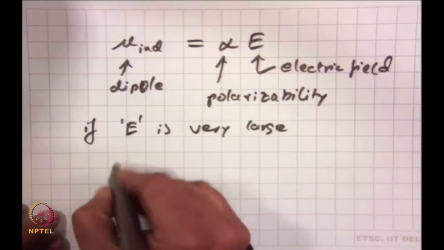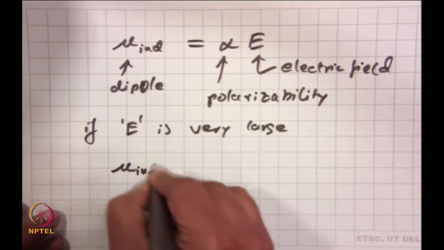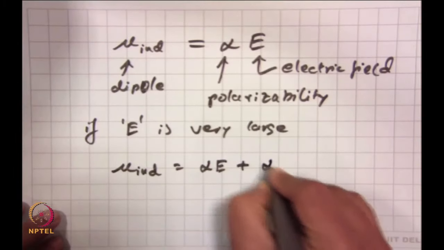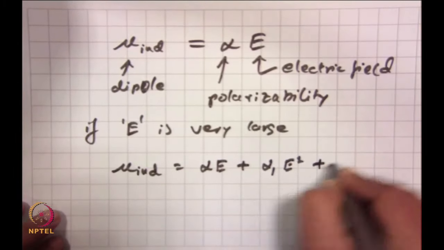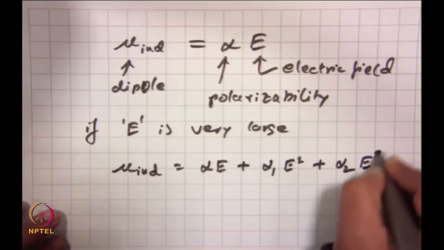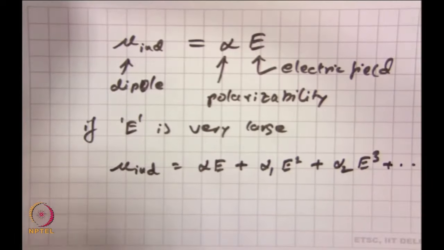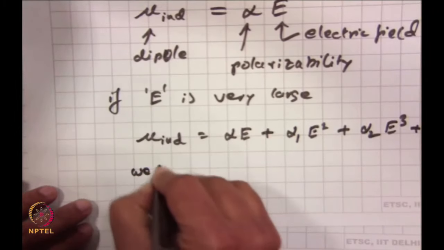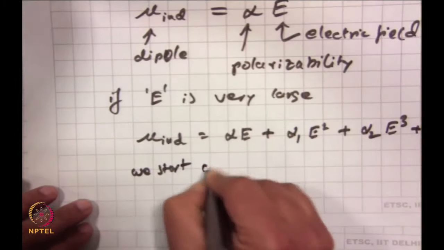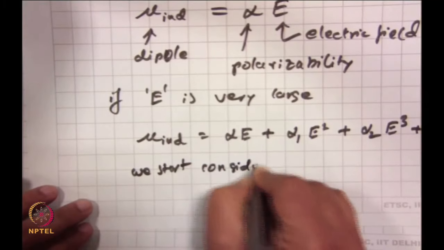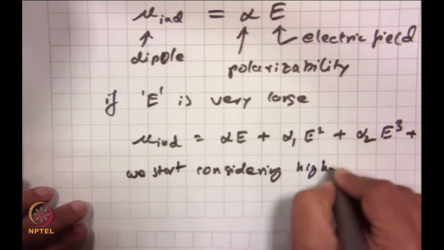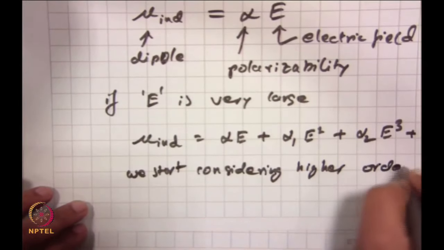What I can rather do is, mu induced becomes alpha E plus alpha 1 E squared plus alpha 2 E cubed and so on. That means if the electric field is very large, we start considering higher order terms.